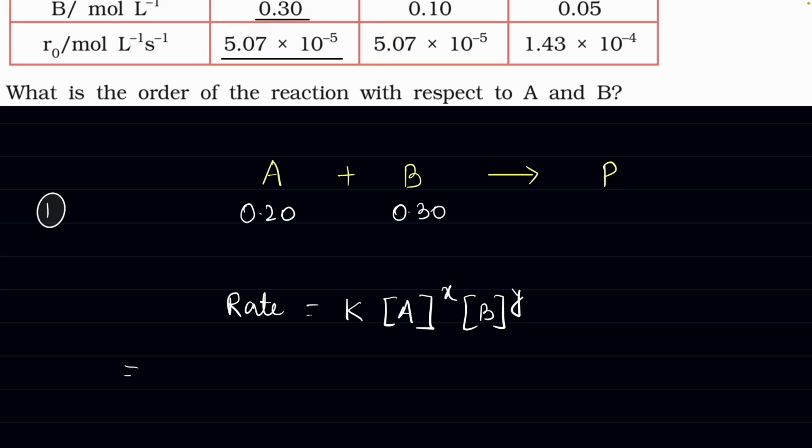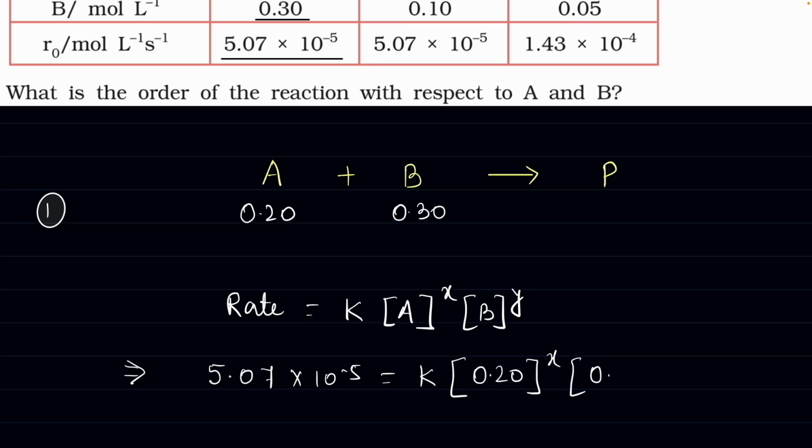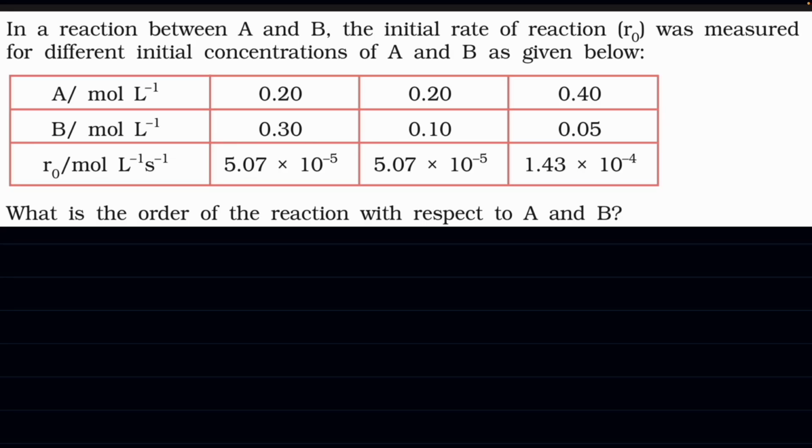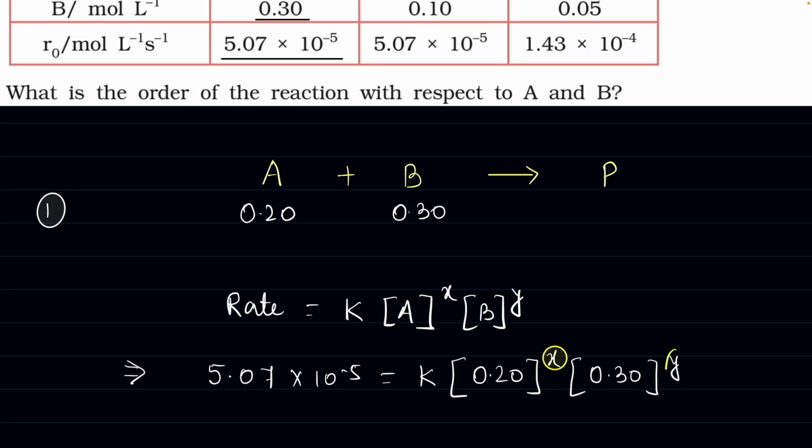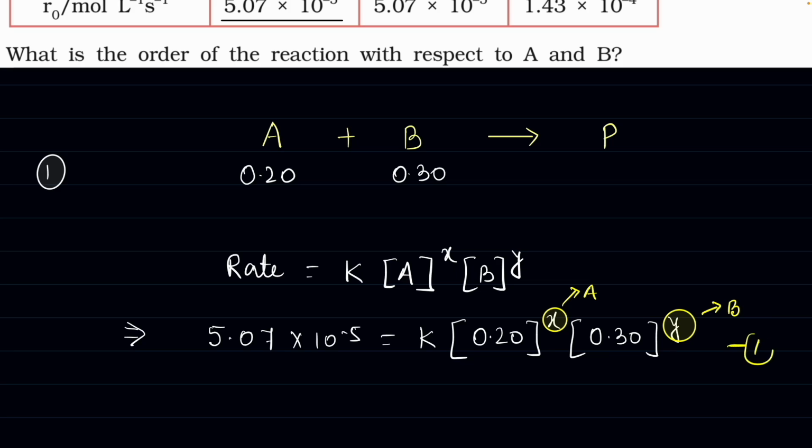So if we substitute the value, 5.07 into 10 to the power minus 5 is equal to K, concentration of A is 0.20 to the power X, B is 0.30 to the power Y. Here, this X and Y are the values that we have to find. So X is with respect to A and Y is with respect to B. So we can write this as equation 1.